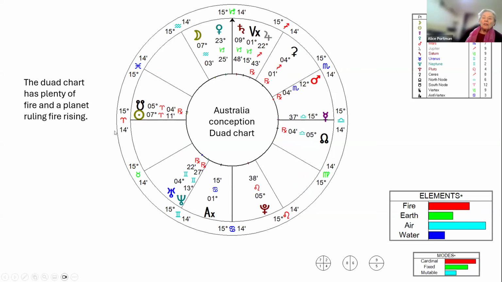So you've always got to look at the Dwads for the people who have no planet activating an element. It's almost always there. I don't know how to explain it because the Dwad charts are actually as strong as the natal chart. They're a resonance from the natal chart.